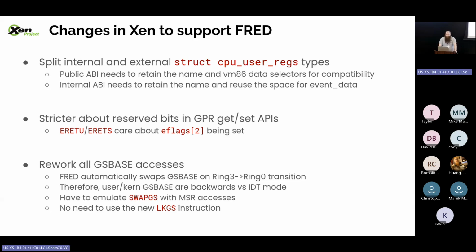The other thing we have to do is rework all the GS-base accesses. Because all other operating systems use GS in the way that AMD wanted you to use it back when they did the 64-bit architecture, Fred automatically swaps the GS base for you, which is correct for everyone else in the world. Xen is special.